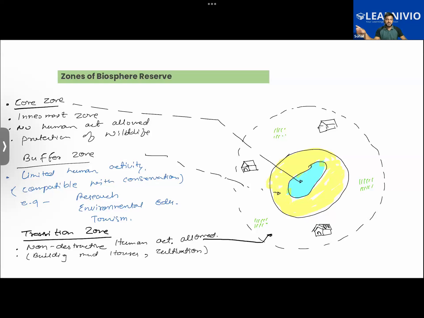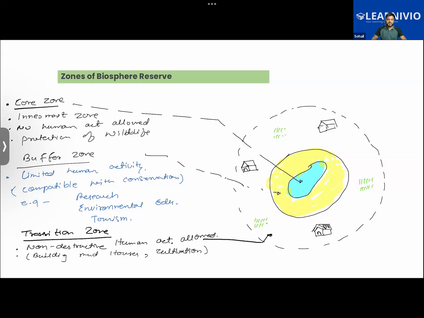Okay. Then in the outermost zone, what are the features of the outermost zone of a biosphere reserve? Sir, human activities are allowed. Okay. What kind of human activities will be allowed? Like building houses and factories like that.